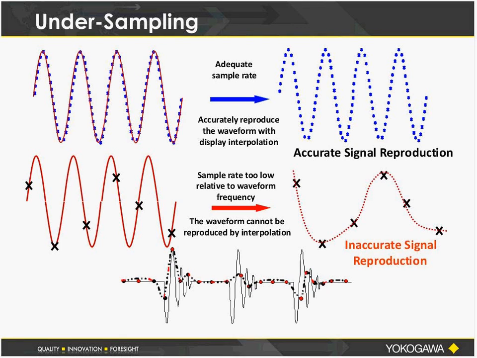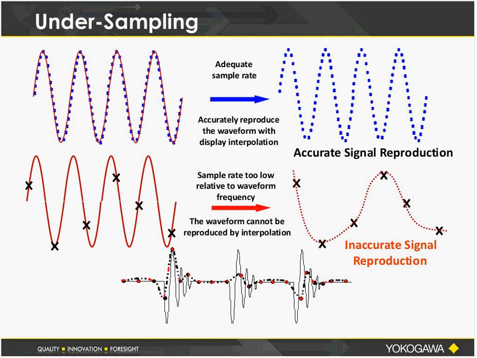The key point about sampling is all instruments that are digital that sample are prone to undersampling signals. So just like you need to have enough analog bandwidth, you also need to have an adequate sample rate. If we're trying to take a capture of the red trace, then on the top half you can see our sample rate is very high.